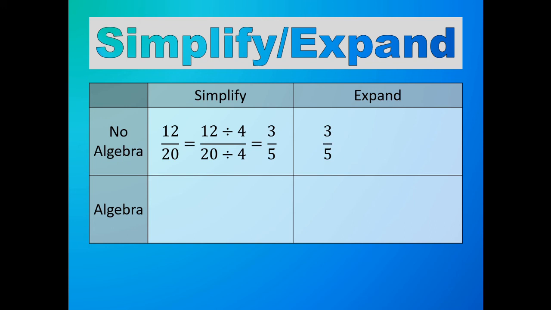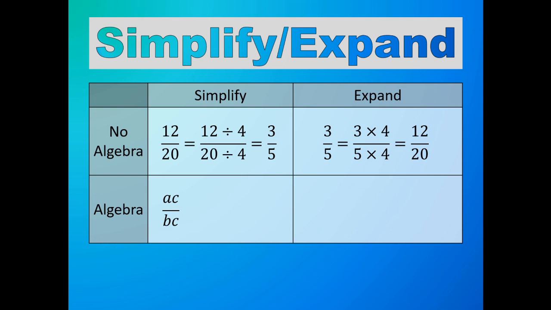To expand 3/5, we can multiply both the numerator and denominator by 4, and we end up with 12/20. So simplifying fractions is the exact opposite of expanding fractions. Simplifying fractions goes in one direction, and expanding fractions goes in the exact opposite direction. So what this means is that if I explain the why behind for simplifying fractions, I'm also explaining the why behind for expanding fractions.